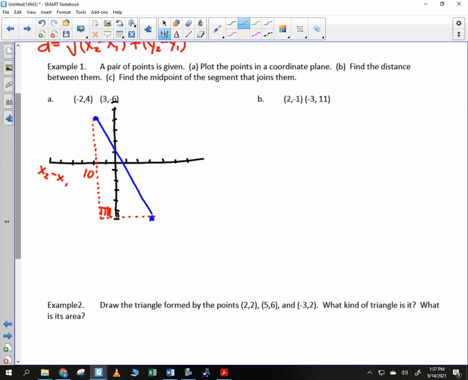And then how about this one right here? If you start at -2 and you go over to 3, how far of a distance is that? 5. You took y2 minus y1. So if we want to solve for this distance, what would we do when you use the Pythagorean theorem? Yep, a squared plus b squared is equal to c squared.